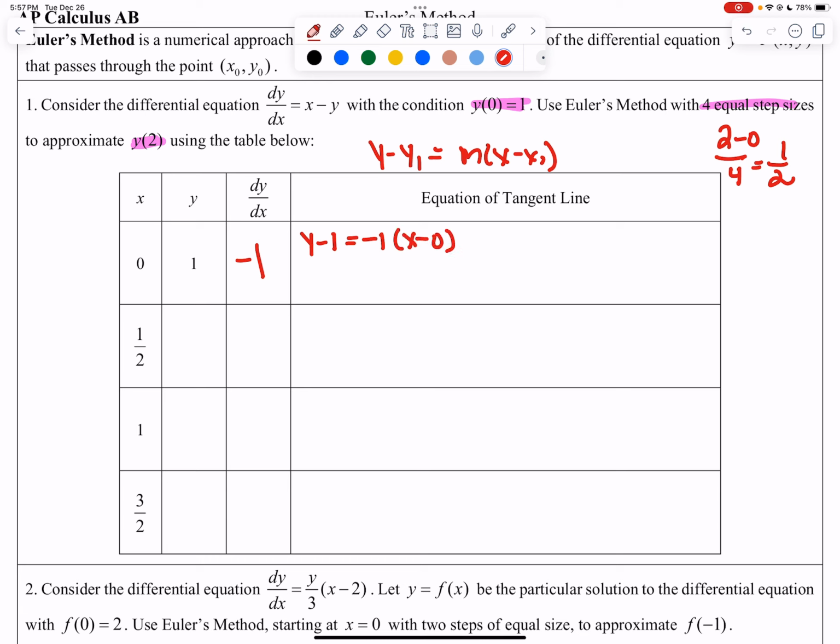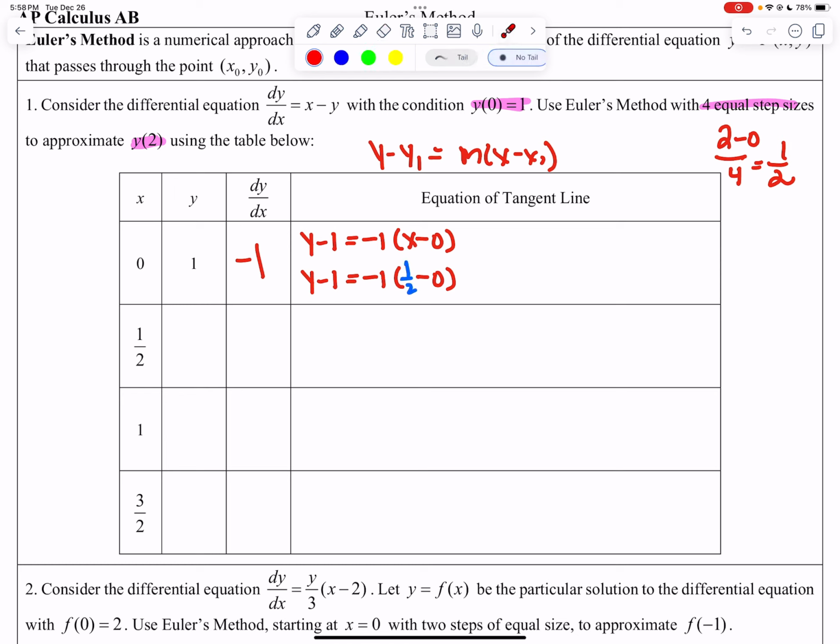Now, we're going to use that tangent line to approximate when x is 1/2, because remember, my subsize was 1/2. So now what I'm going to do is plug in 1/2 into x and figure out what my y value is. Like I said, this is pretty algebra heavy.